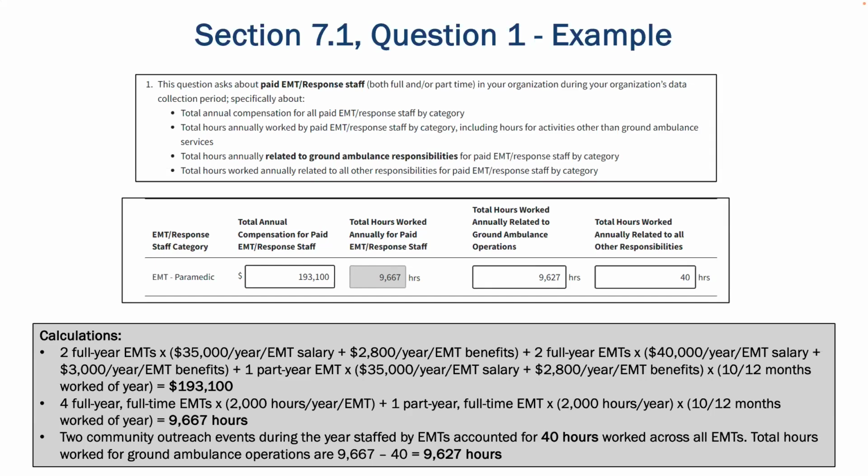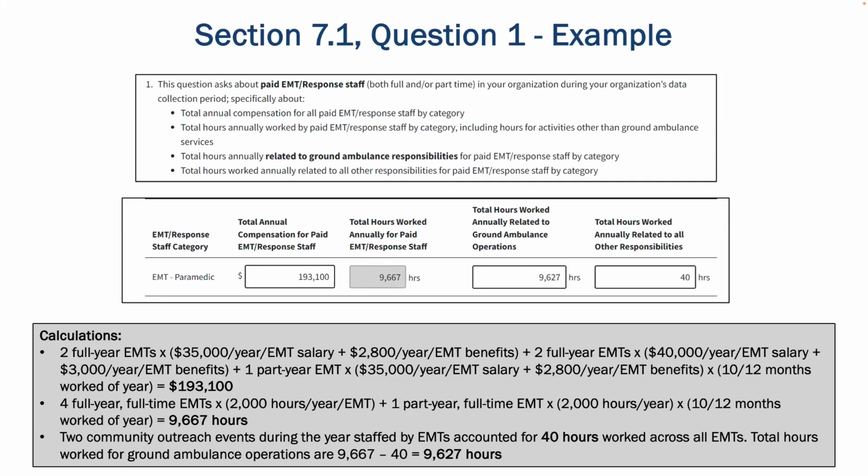The GADCS will automatically add these values to equal the total annual hours worked for your paid EMT response staff. This equals 9,667 hours. Note that these hours include both ground and non-ground ambulance duties. However, this does not include paid time off or sick leave hours if you offer them.